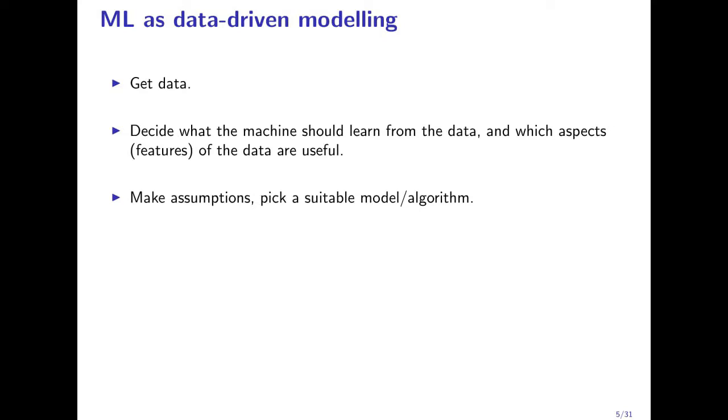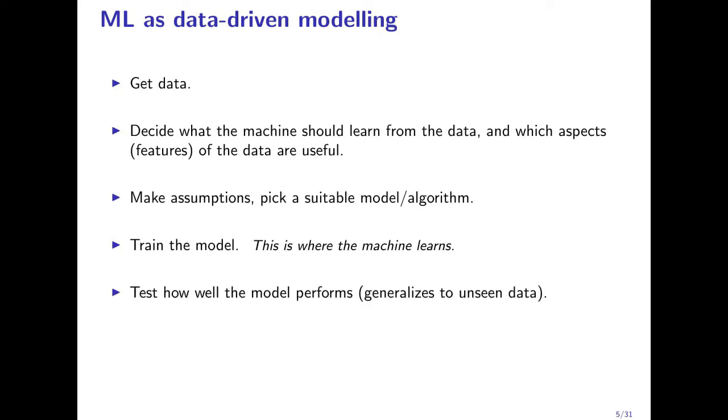Then, of course, there might be some training, so that is where the machine learns from the data. Then, of course, we want to see how successful was this training, so we would have some sort of performance measurement. How well does the model generalize, of course, the important question.